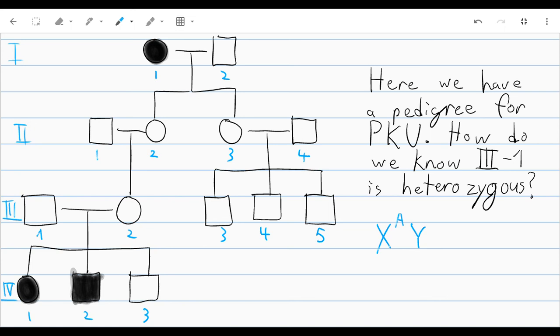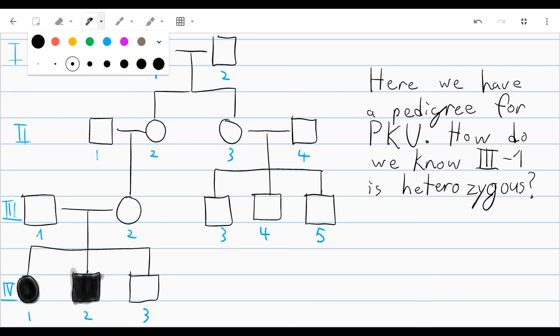He'd have to have the dominant allele here, so no matter what, he would have to pass that on to his daughter. There's no way that the daughter could have the recessive phenotype. She would have to have the dominant phenotype. Since that's not possible under sex linkage, we know that instead this has to be an autosomal trait.